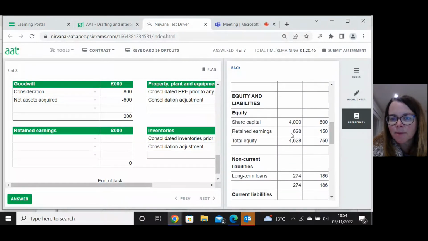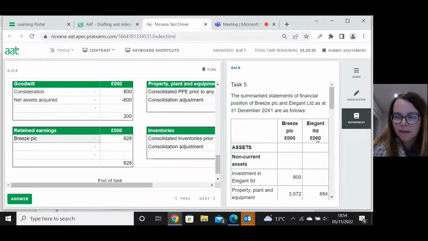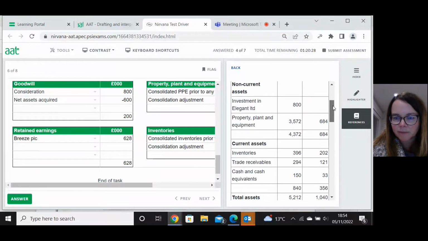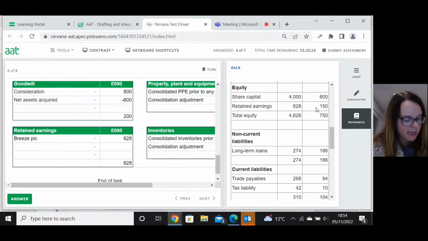Right, retained earnings. I'm going to put the 628 into my retained earnings working. I'm also putting that in as a credit in my T account on my piece of paper. That is the Breeze, which is the parent company's retained earnings. I'm then doing my little tree diagram for this 150.